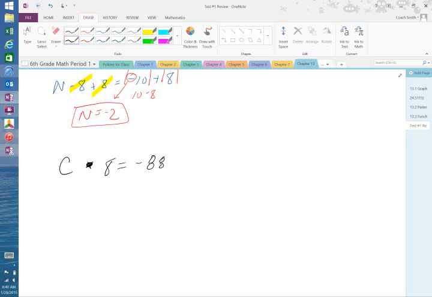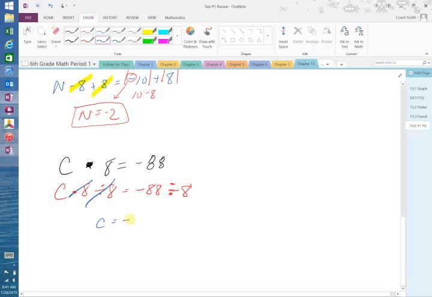So I'm going to do this: c times 8 divided by 8 equals negative 88 divided by 8. On the left side, our times 8 and divided by 8 cancel each other out. What is negative 88 divided by 8? Jonah? Negative 11. That is correct.